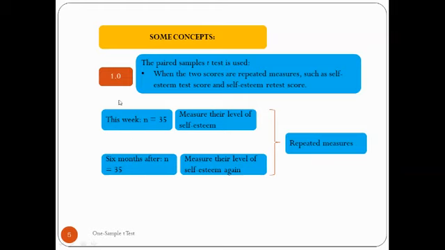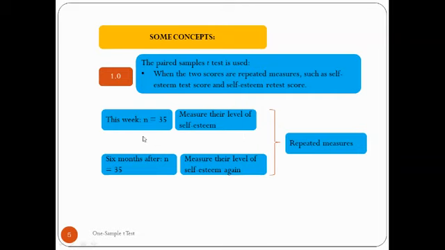Let's say this week, you survey, let's say, foundation year students in one department, let's say the history department at your university, and you measure their level of self-esteem, and you follow them again 6 months after. You approach them and you measure their level of self-esteem again using the same instrument.